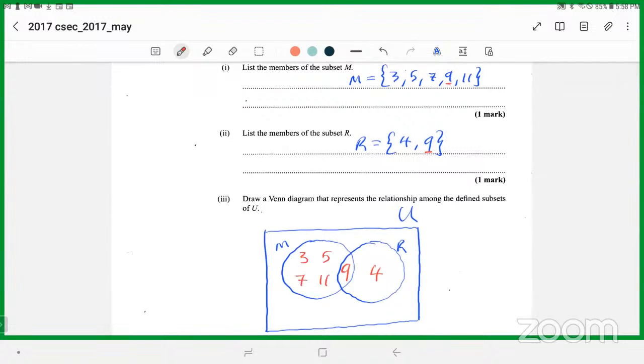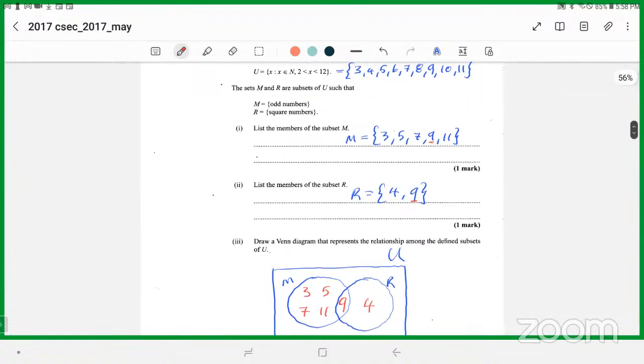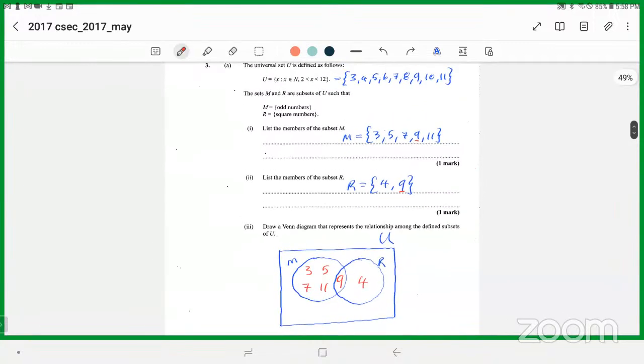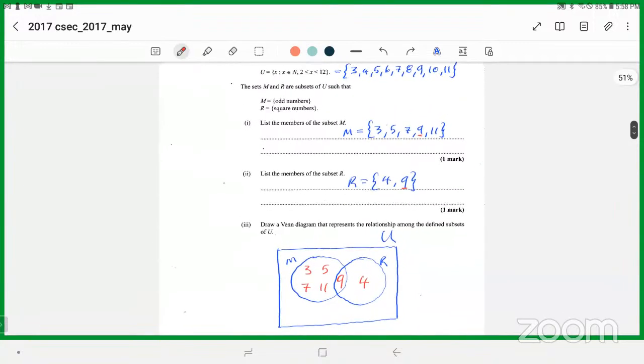But you're not done yet. You have to account for all these values. Any value that is not yet accounted for goes outside here. All right? So we have 3 already. We have 4. We have 5. We don't have 6, so put 6 out here. We have 7. We don't have 8.